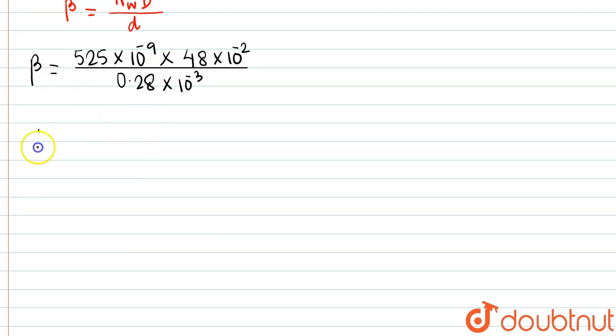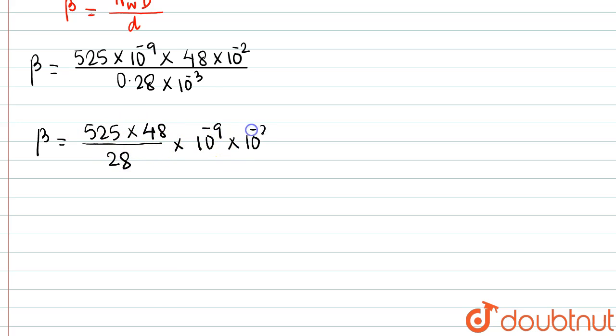So this will be beta equal to 525 times 48 divided by 28 multiplied by 10 to the power minus 9 multiplied by 10 to the power minus 2 multiplied by 10 to the power plus 5. We simplify this, we cancel it out by 4, so this will be 7 and this will be 12, and here we will have 75.